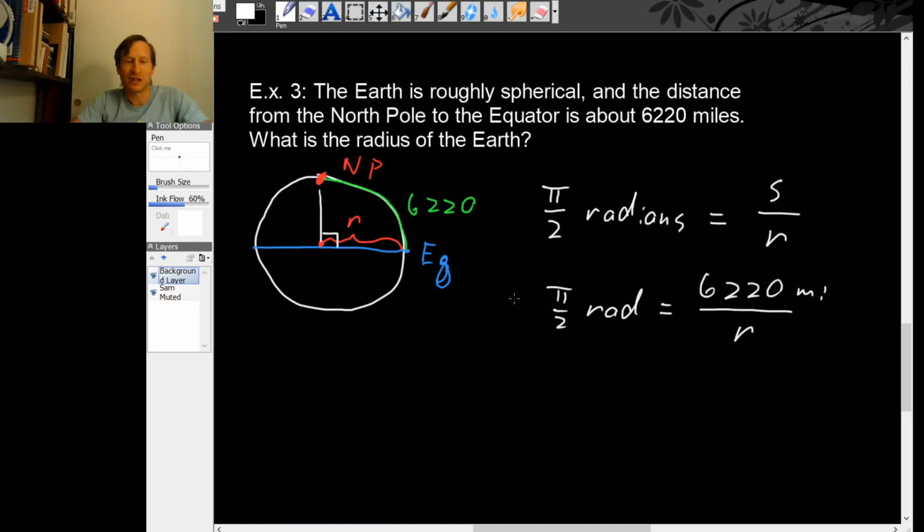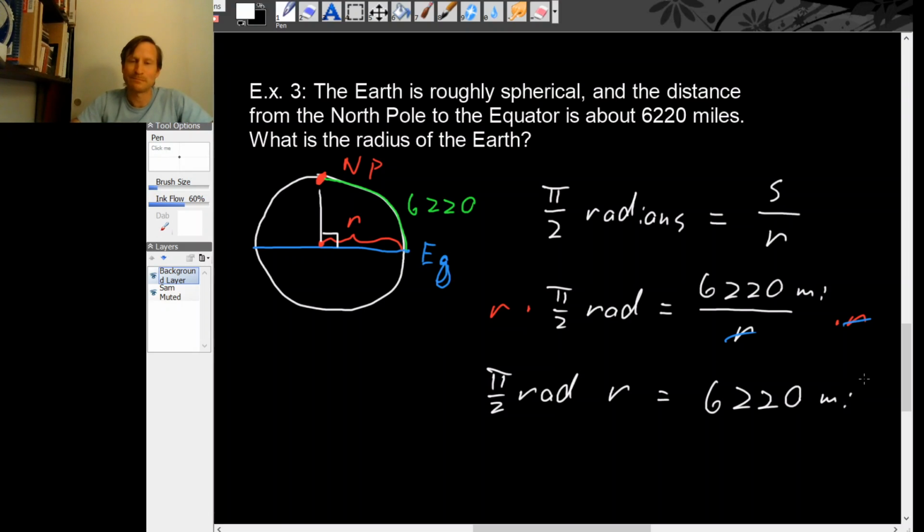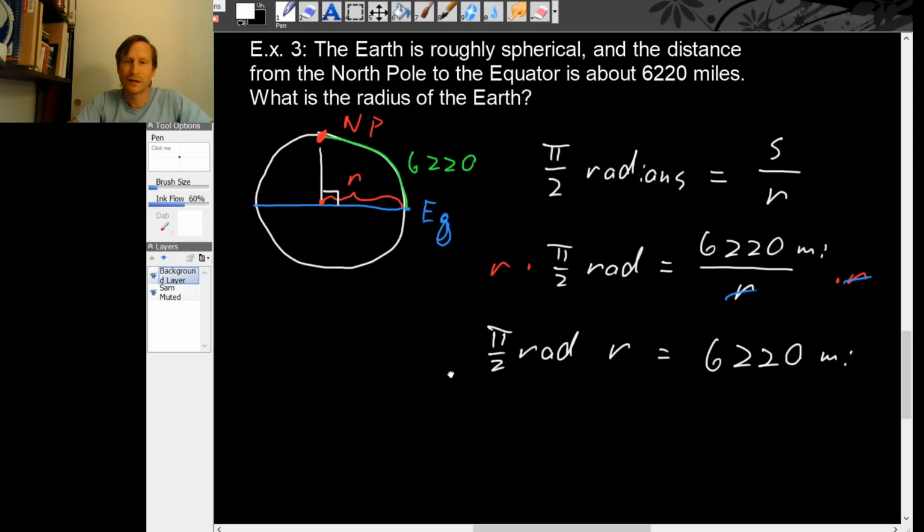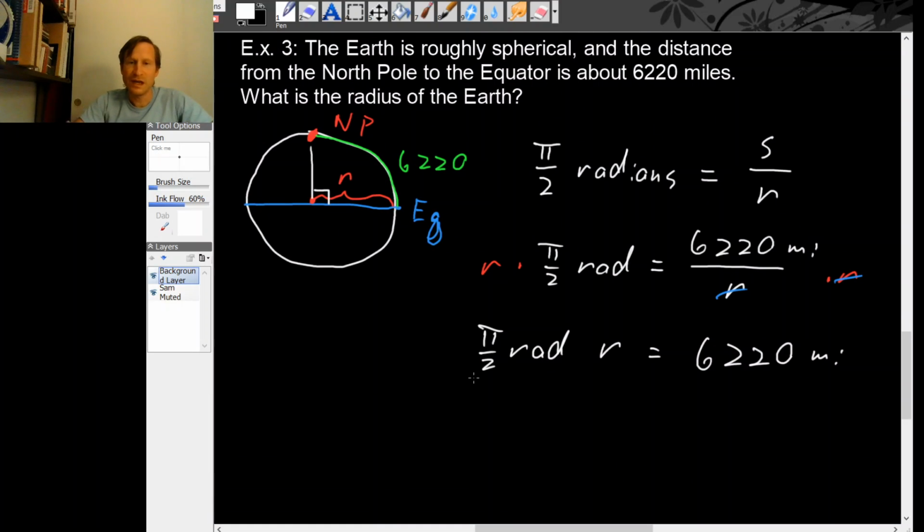So now we can just do a little algebra. Let's see, multiply both sides by r. That gives us pi over 2 radians times r equals, on the right-hand side, the r's simplify away, and we're just left with 6,220 miles. Okay, and now we can multiply both sides by 2 over pi radians.